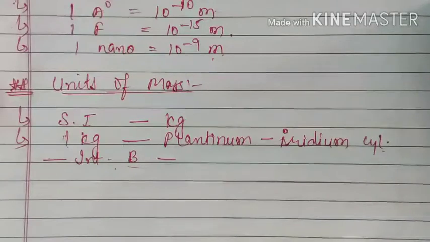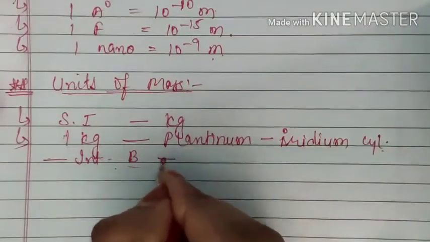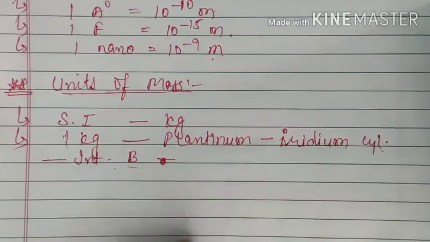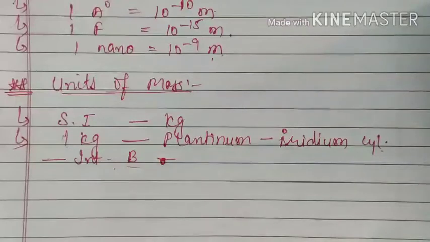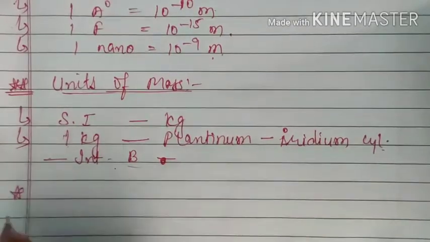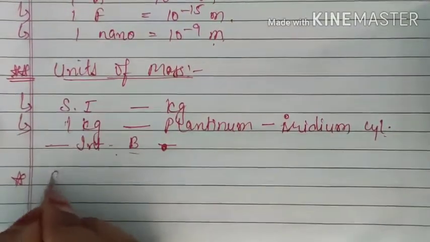Then they will be the standard weights and we will be using them in our daily life. So for mass we have only one definition right now, and we have to learn this one. 1 kilogram of mass is said to be the mass of a platinum iridium cylinder kept at International Bureau Paris. This is the definition.